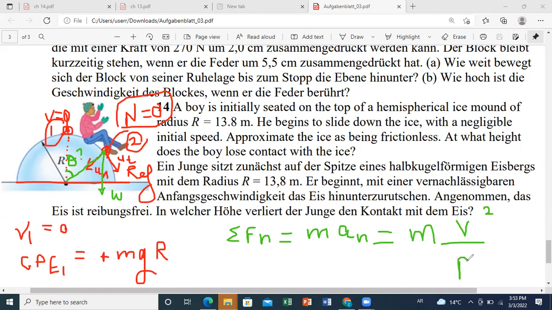Now, the only force is the weight, so I project it on un. As you can see from the figure, the angle between un and W is equal to this angle theta. They are alternate angles. So I can write plus mg cosine theta equals m v squared over r.